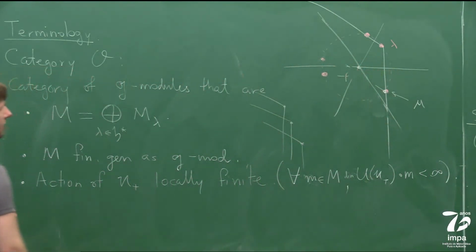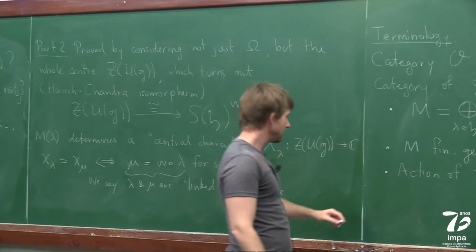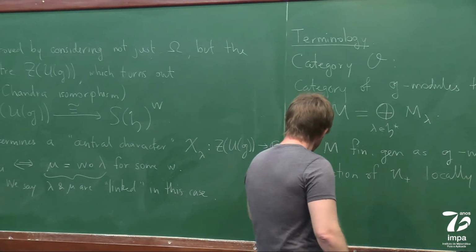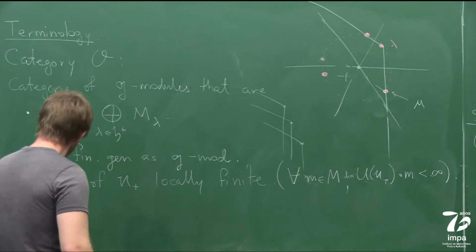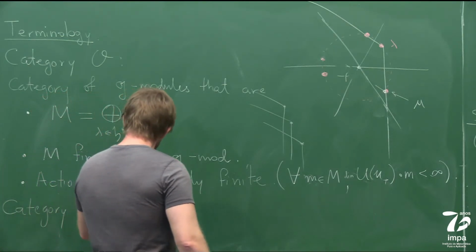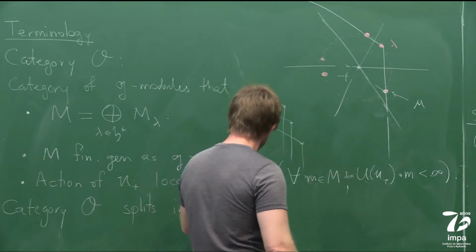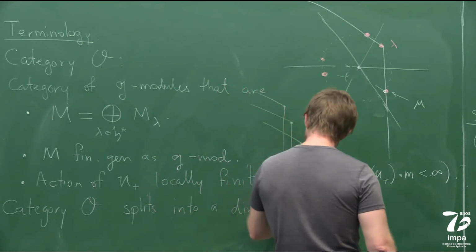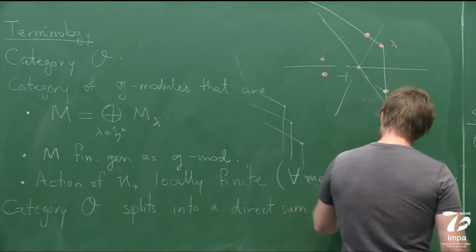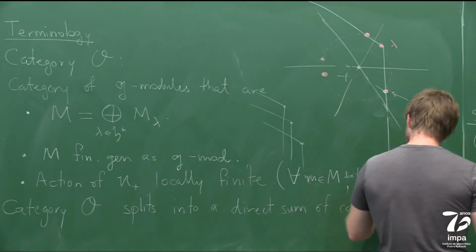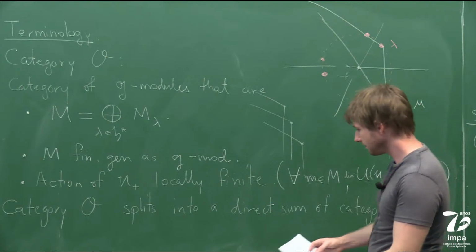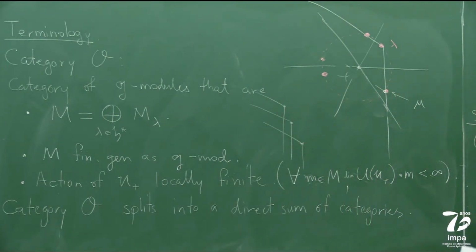So then the statement that comes out of what I've said so far is that category O splits into a direct sum of subcategories that are called blocks.